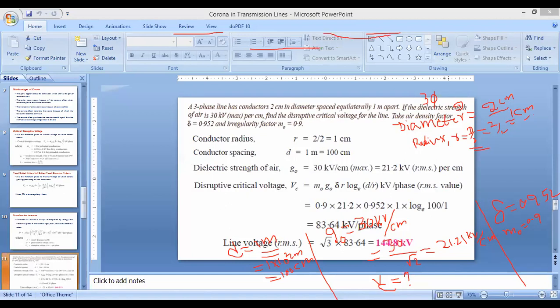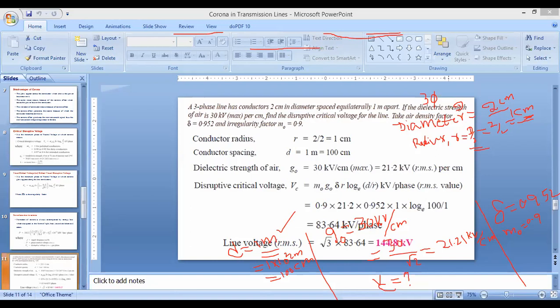The spacing is 1 meter, from one conductor to another. The spacing is in meter but the radius is in centimeter, so for simplification we can convert both parameters into meter or centimeter.